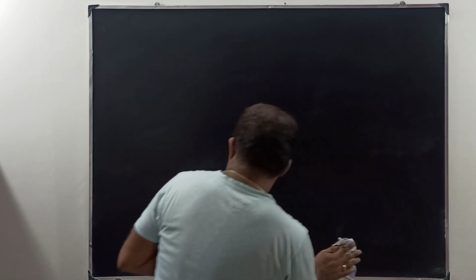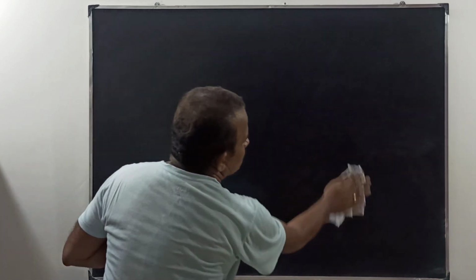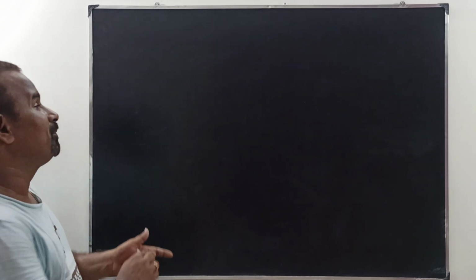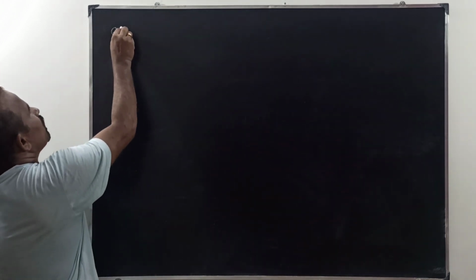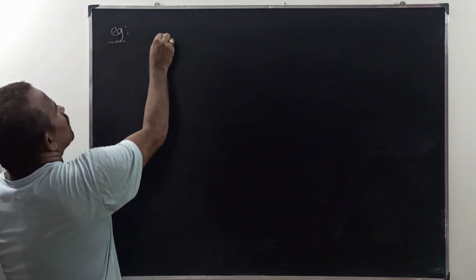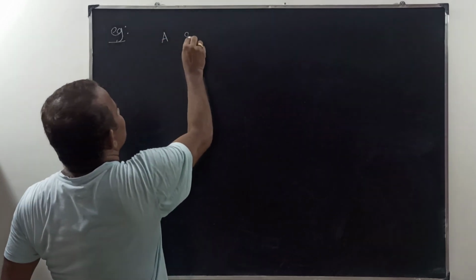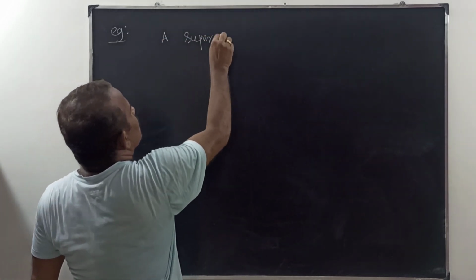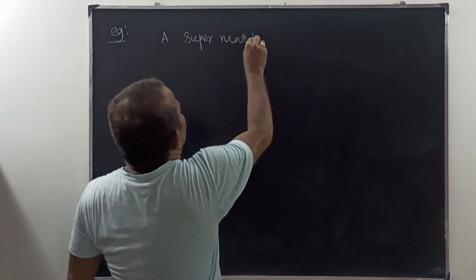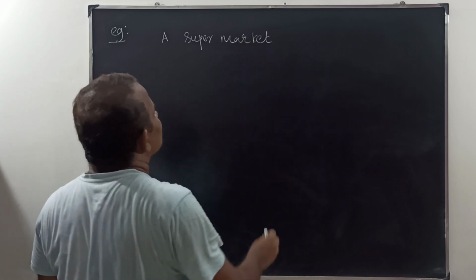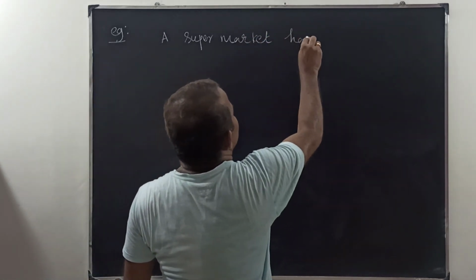Now we are going to see one example. A supermarket has two servers.